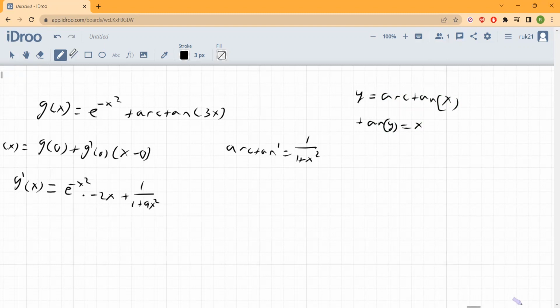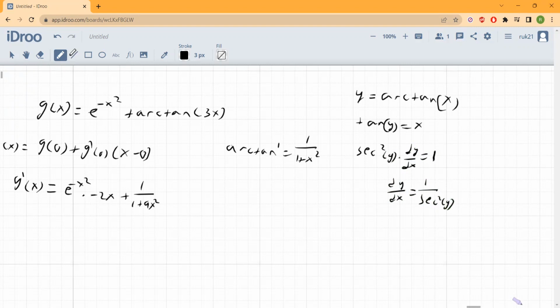The derivative of tan is secant squared, so it's secant squared of y, and because it's y, we multiply by dy/dx, and that equals the derivative of x, which is 1. So we get dy/dx is equal to 1 over secant squared of y.